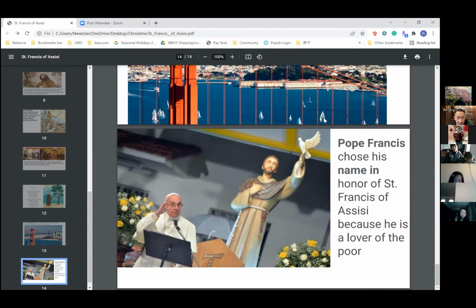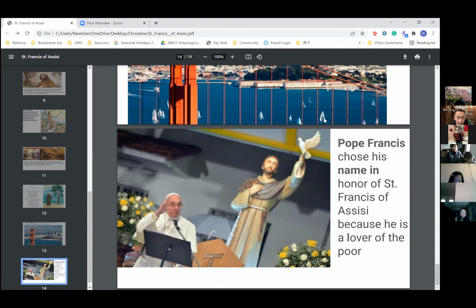Make me a channel of your peace. Where there is hatred, let me bring your love. Where there is injury, your pardon, Lord. And where there's doubt, true faith in you. Make me a channel of your peace. Where there's despair in life, let me bring hope.